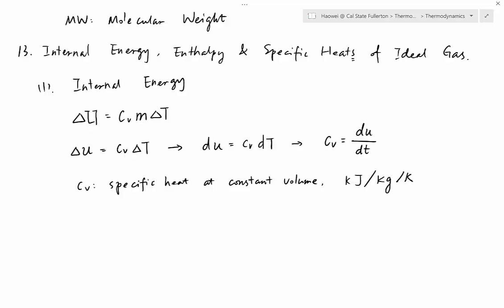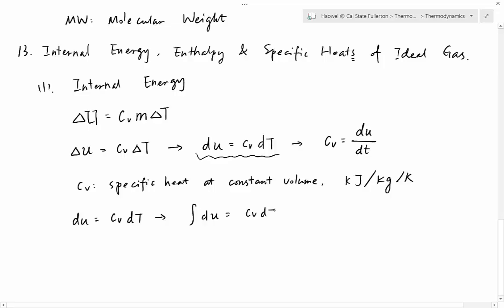Okay, and then let's start from du equal to CV times dt again. From here, what we can do is to solve this ODE by integrating both left-hand side and right-hand side.